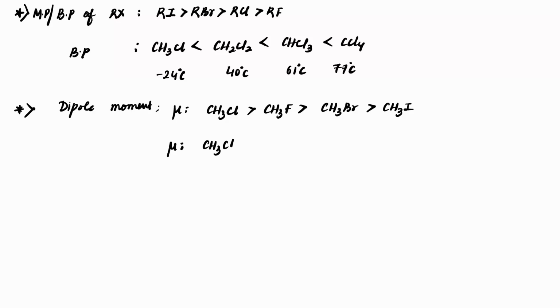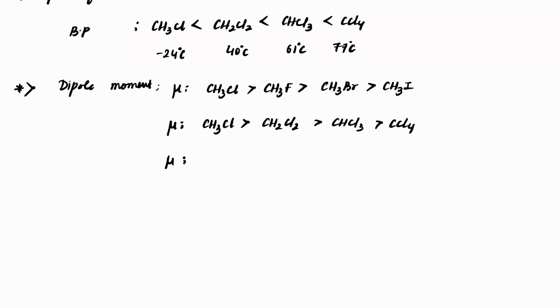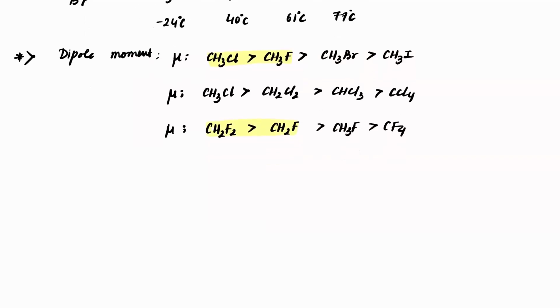CH3Cl will have more, then CH2Cl2, then CHCl3 and CCl4. But in the case of fluorides, CH2F2 has more dipole moment, then CH3F, and CF4. So these two are exceptions when it comes to dipole moment.